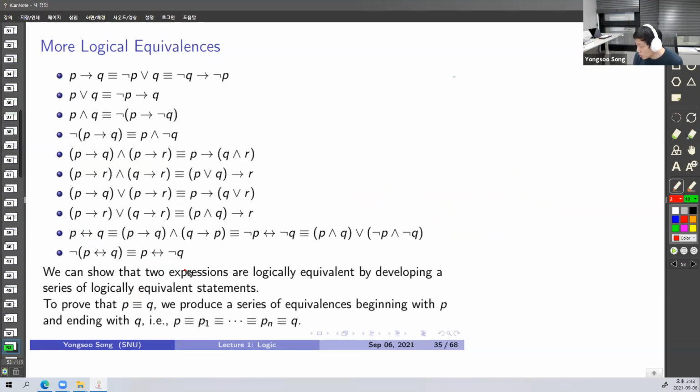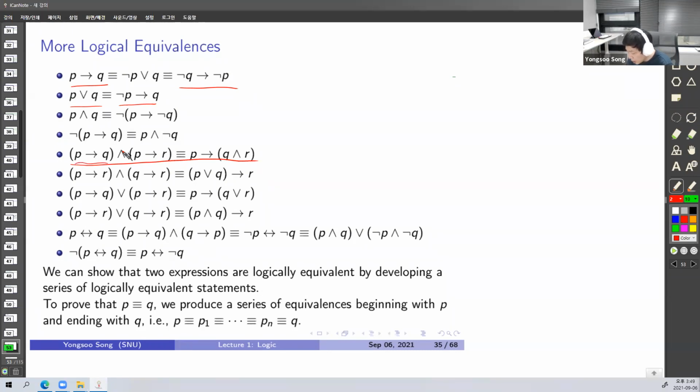And here are some more logical equivalences. As I mentioned, implication is equivalent to its contrapositive. And you can switch between implication and OR operations using these logical equivalences. Let's pick this one and see what it means.